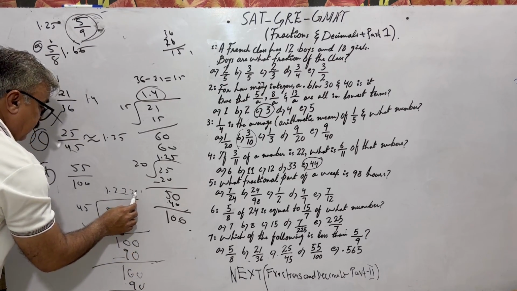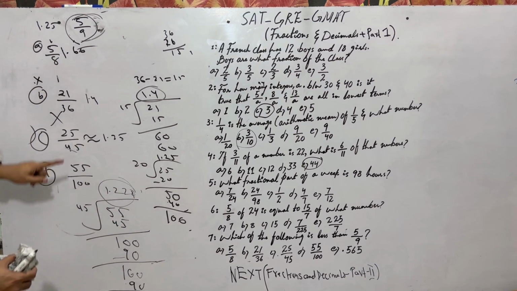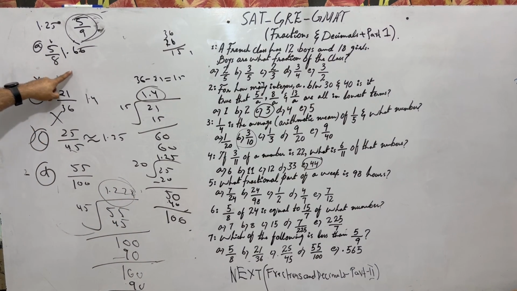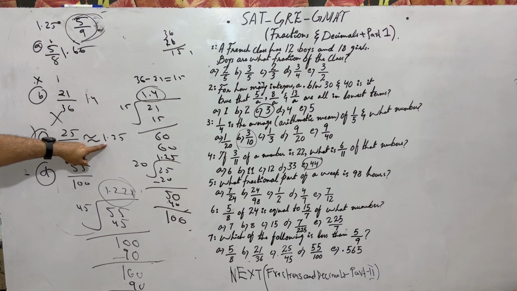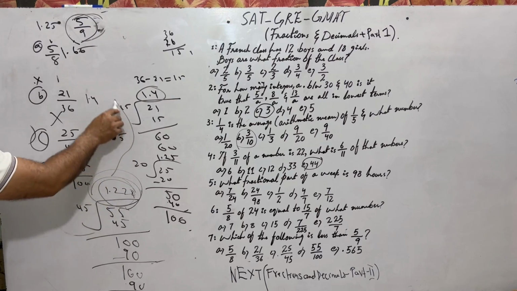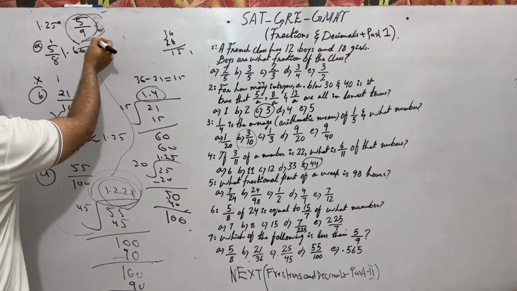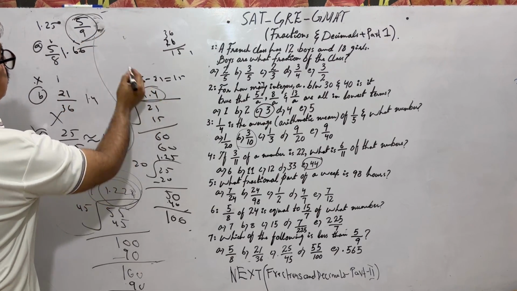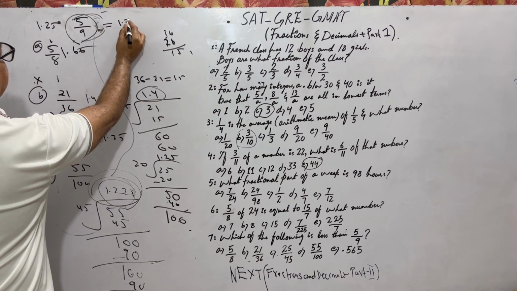That's 1.22. Now look at this. According to my hack, it's 1.66, it's 1.4, it's 1.25, that is 1.22.